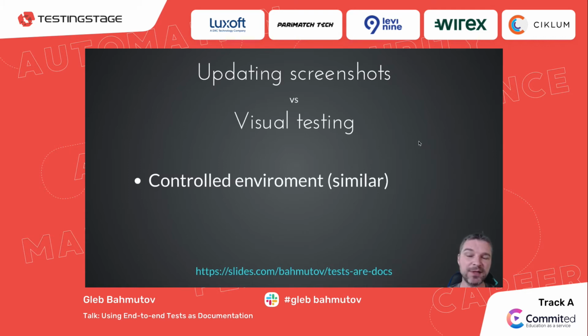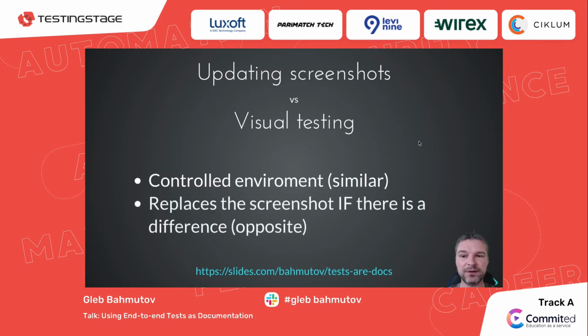When we look at updating screenshots, the logic is almost the same as visual testing. I mean, we are taking a screenshot after all. We need a controlled environment so it's repeatable, looks exactly the same, but also we need to update only if they're different.